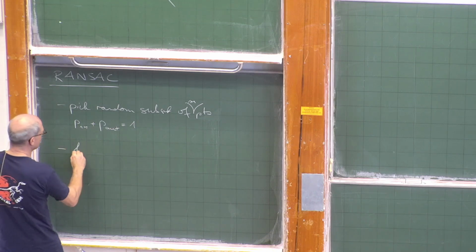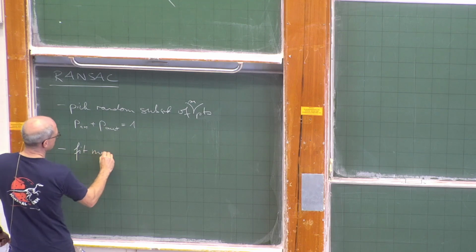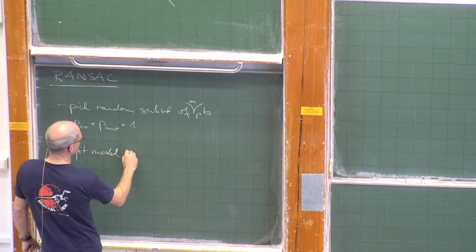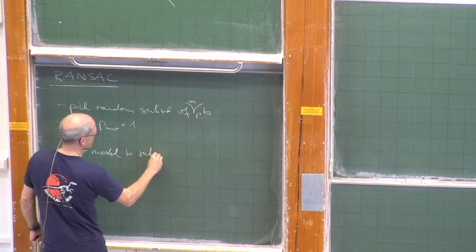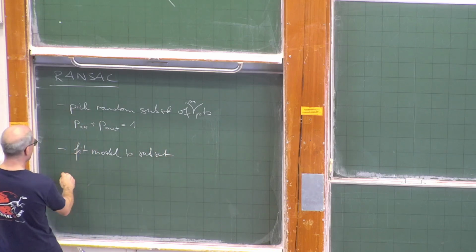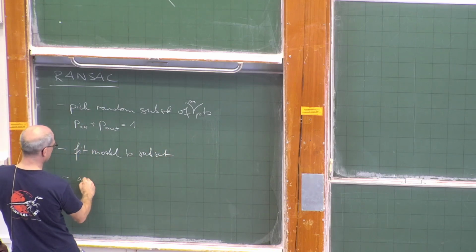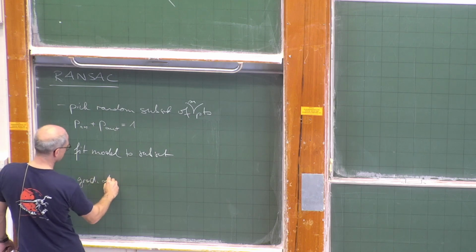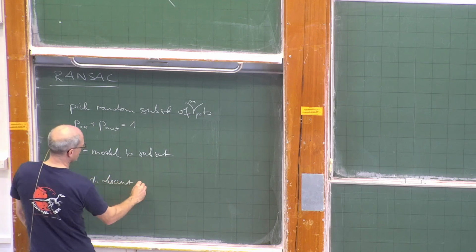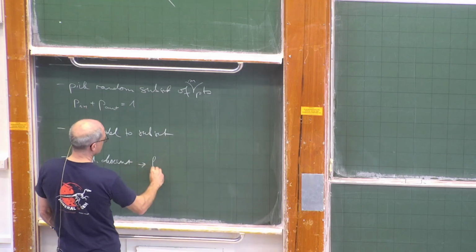And then you can say, all right, let's fit our model to the subset, and then do gradient descent or something like that to find a local optimum.